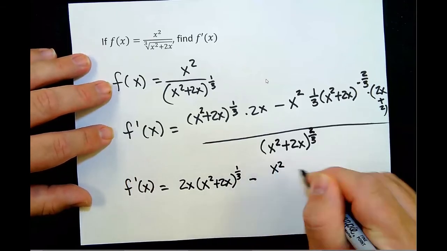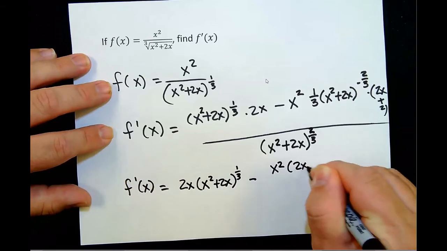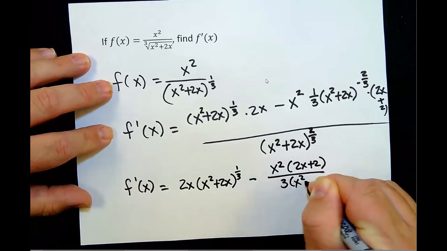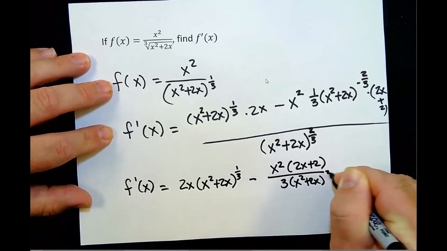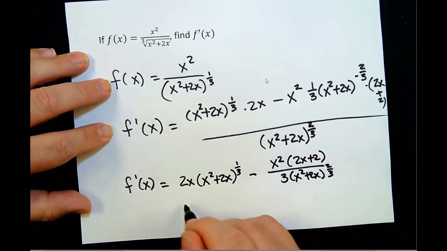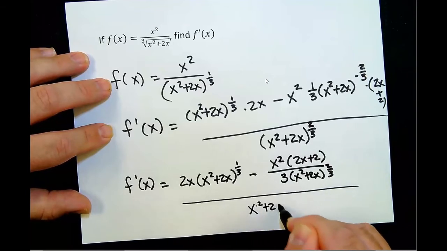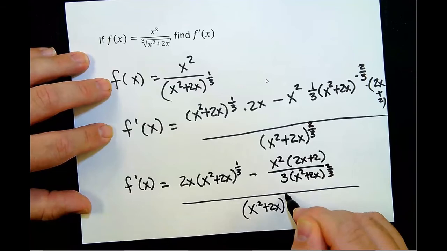An x squared, a 2x plus 2, a 3, x squared plus 2x to the 2/3, all over x squared plus 2x to the 2/3.